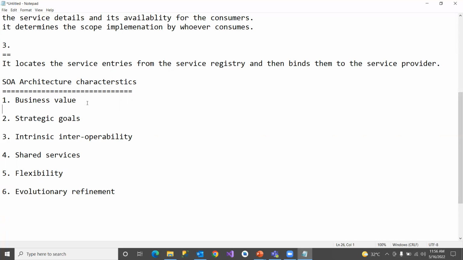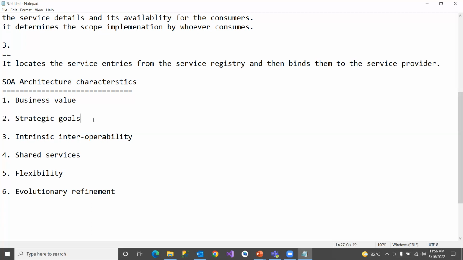And coming to the strategic goals, it is going to define some goals to improve the services, like increased organization agility, increased ROI, and reduced IT burden, or concrete benefits resulting from the attainment of the remaining goals.